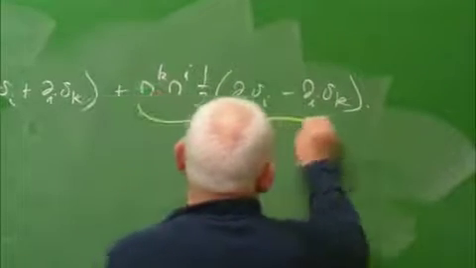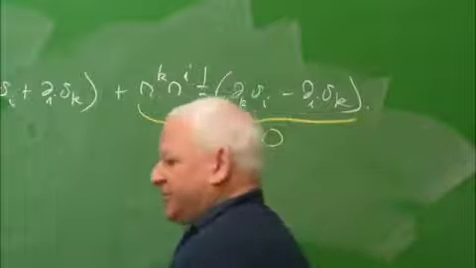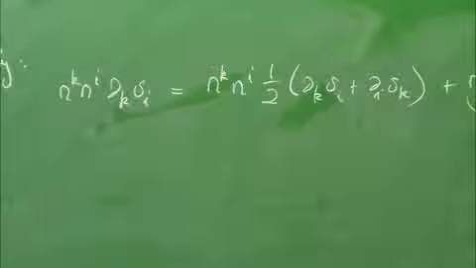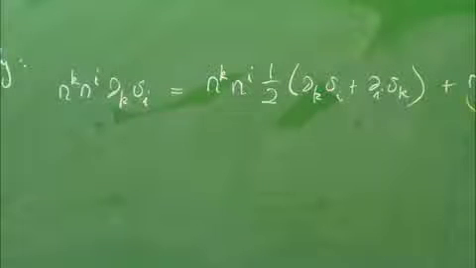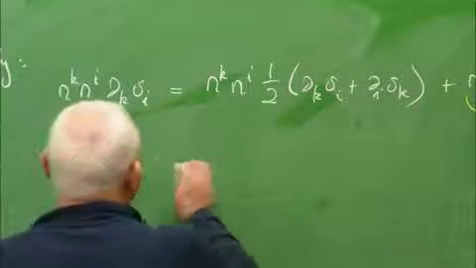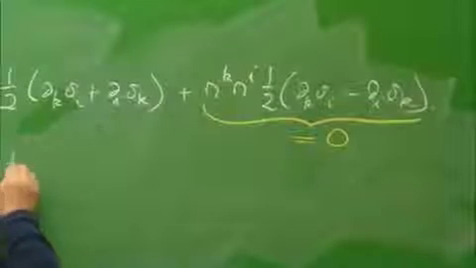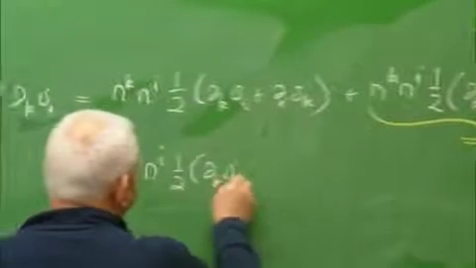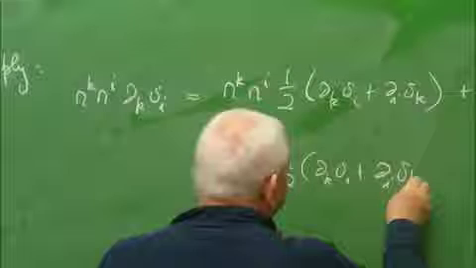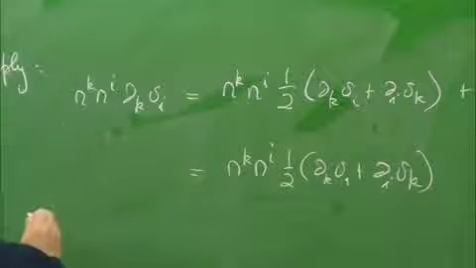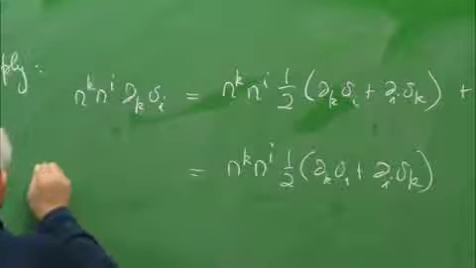This is symmetric on antisymmetric. It is therefore 0. If you don't believe it, then write it out in full. Write out the two summations and laboriously remove the terms pairwise until you're left with nothing. And so this quantity here is Nk Ni times 1/2 (∂k vi plus ∂i vk), and that is what the quantity on the left-hand side evaluates to.